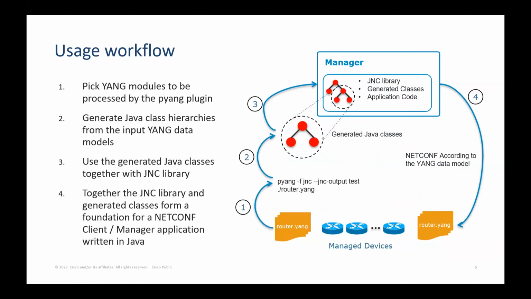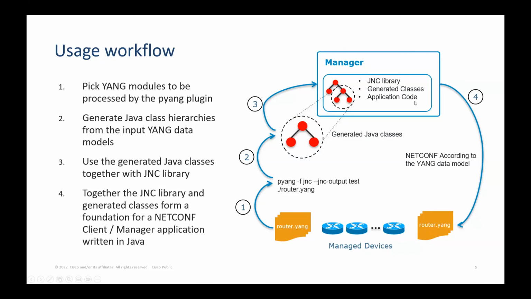This is similar content, but from a different point of view. Here, a usage workflow. As a first step, as I mentioned, we need some Yang modules of the device that we use as an input for the pyang plugin. For example, some router.yang. We use this, and with the pyang plugin, we generate Java classes that can then be used in our Java application.